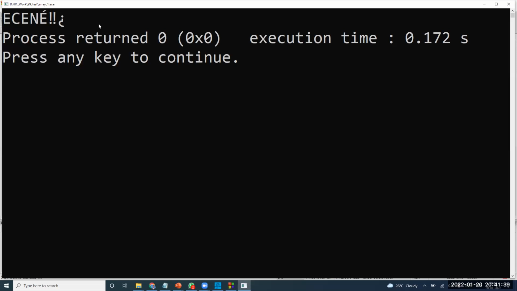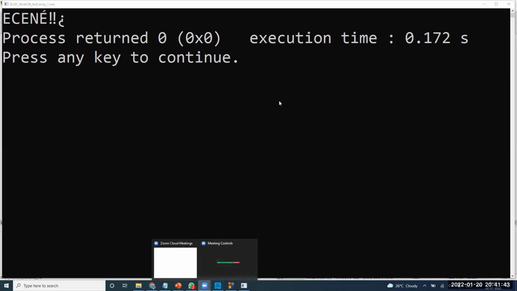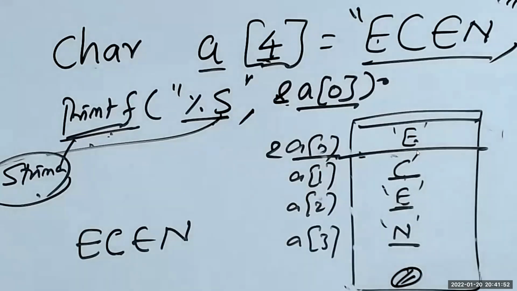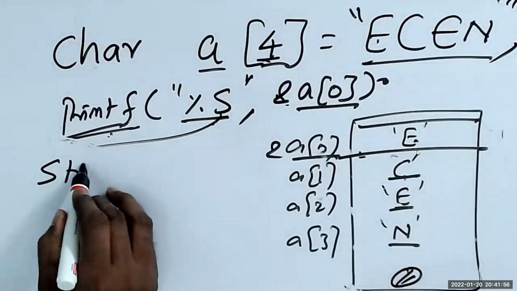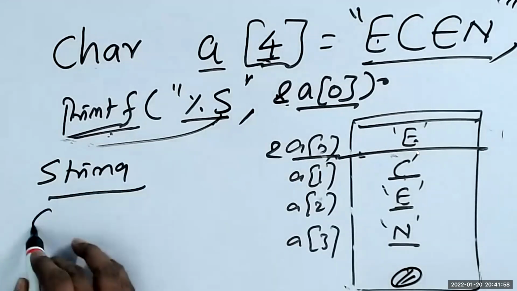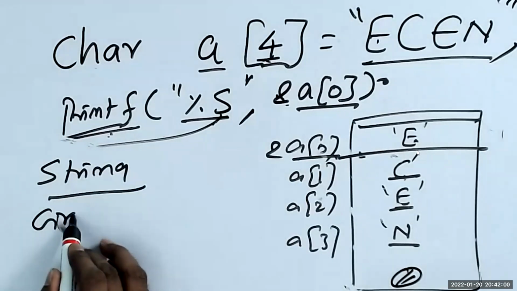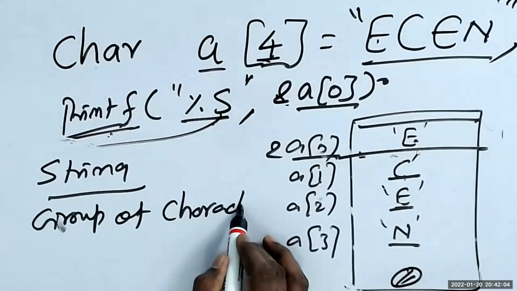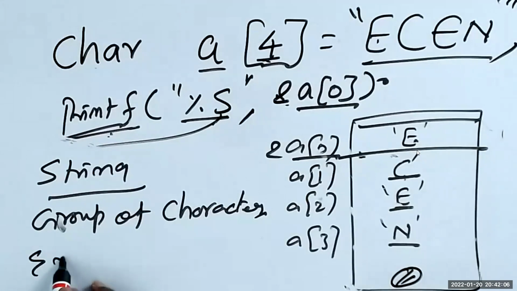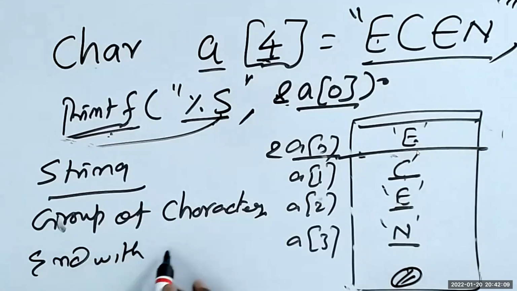So what Dennis Ritchie did was he defined the string as a set of characters. What is a string? A string is nothing but a group of characters ending with 0.